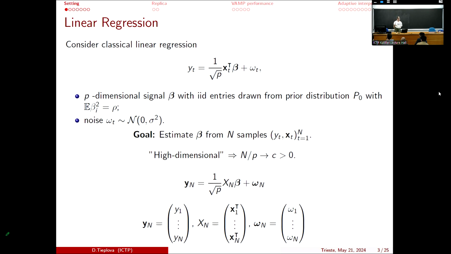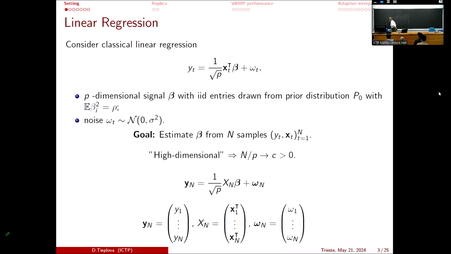Good. Now we just want to write our model in a more compact way. On the left, we have our vector y, which is now n-dimensional. It consists of the observations that we have. And on the right, we have a so-called design matrix Xn. This is a matrix where each row is our small vector x_t. And we have our inference vector beta and the vector with IID Gaussian noise.